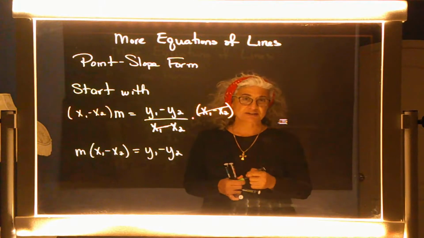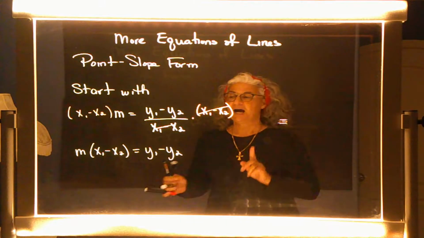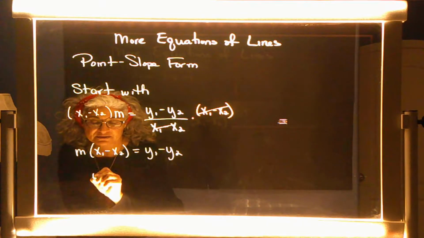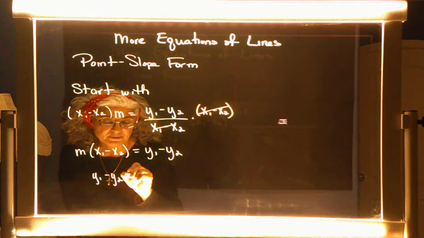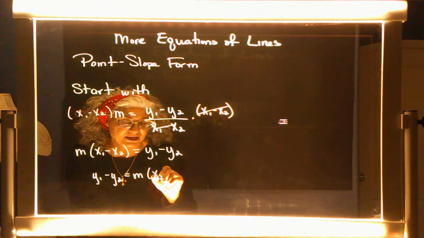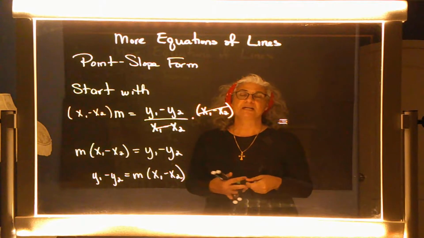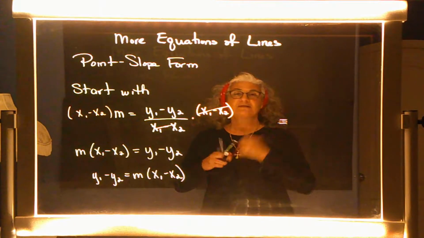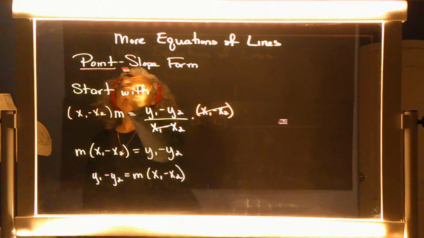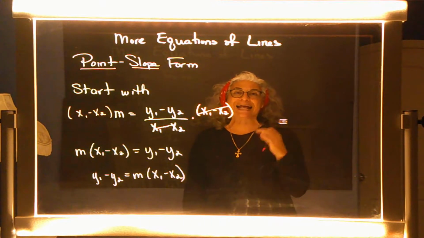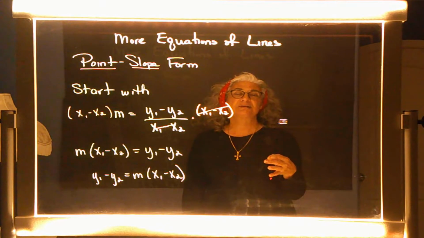2. Correct? Okay. I am going to turn this around and I'm going to put the y's on the left. Stick with me. Now, here's the deal. We're almost there. This form is called point slope, which means I'm going to input a point and a slope.